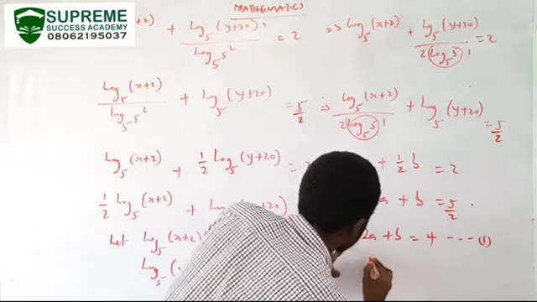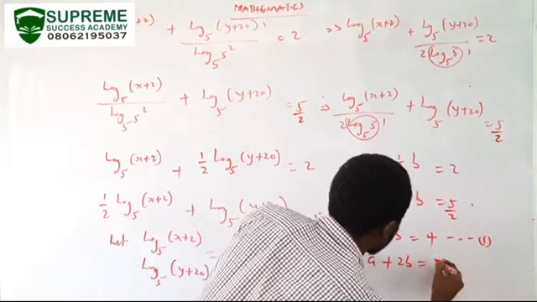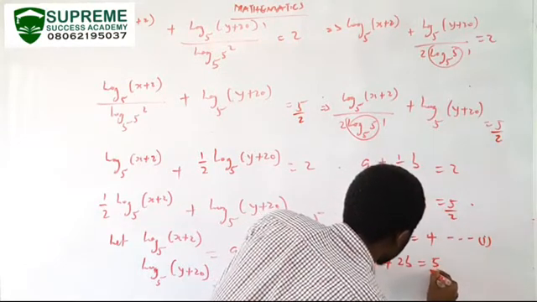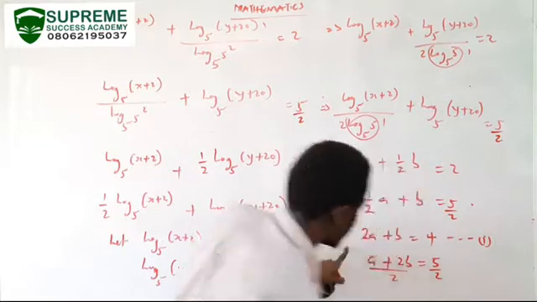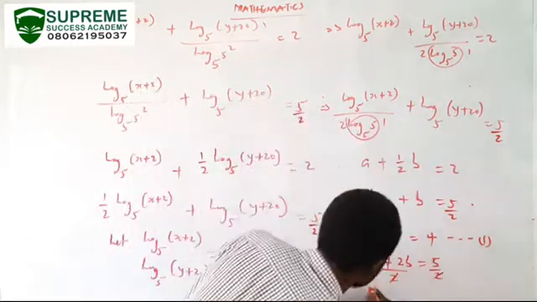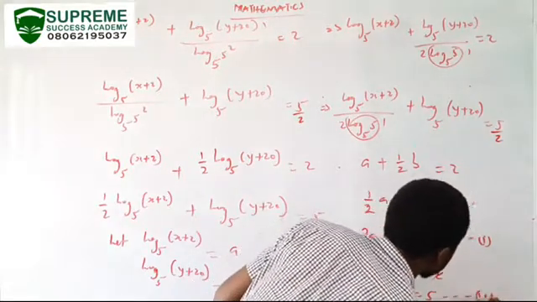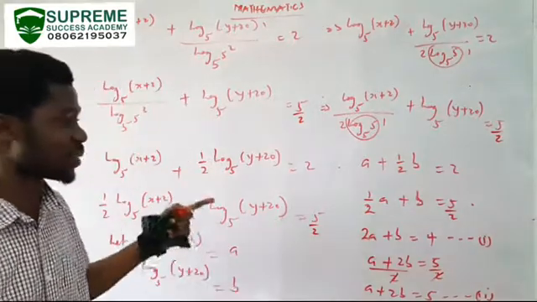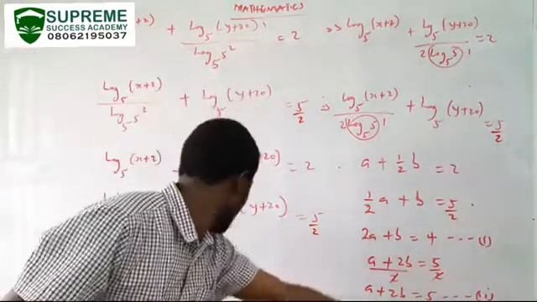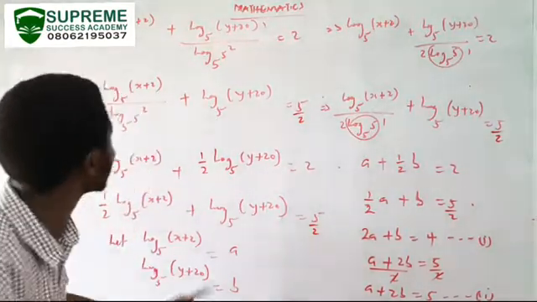So this one will become A plus 2B equals 5 over 2. Don't forget this one is still over 2. Do you agree? So these two can take care of these two. So you have A plus 2B equals 5, equation 2. These are the two simultaneous equations that you have. Can you imagine the simplification? So with that, you can easily go and solve it. Don't forget when you solve that, you have to find x and y, not a and b. Don't forget. So that's the concept of that.